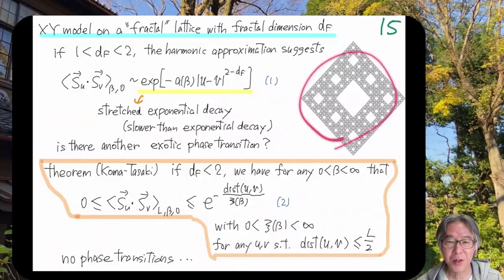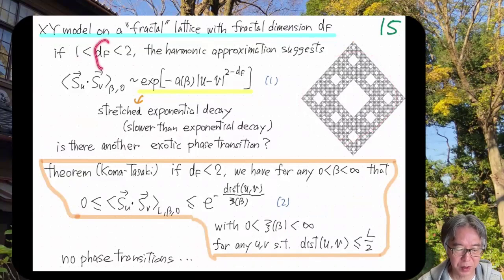You can think about some fractal lattices which have this kind of non-integral dimensions. If you apply the harmonic approximation to the XY model defined on this kind of fractal lattice, then the approximation suggests that there is an interesting low temperature phase in which the 2-point correlation function decays like this.